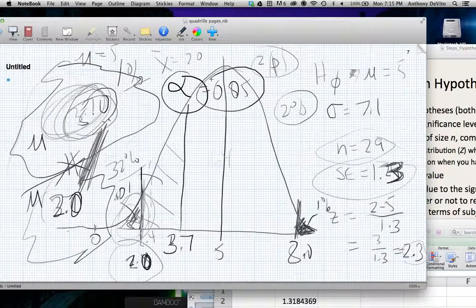If I'm doing a study where that's not tolerable, where I'm going to distribute a vaccine that's dangerous or something like that, or a drug that's dangerous, and I say to myself, I don't want to tolerate only a 5% chance of being wrong about the effectiveness of this drug, I could say alpha is 1%, right? 0.01, 1% instead.